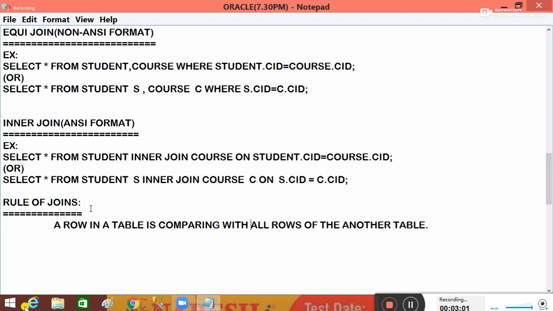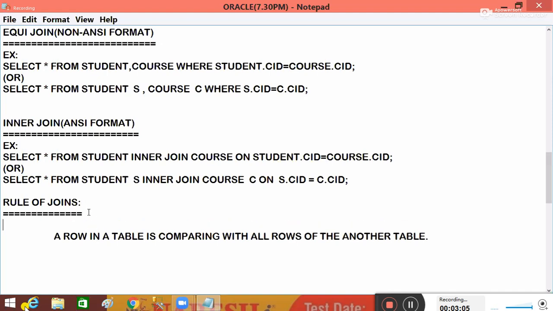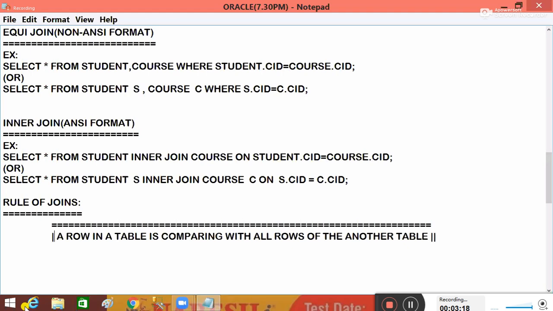This is one small rule, guys. If you understand this rule, then you can easily understand each and every join, and how the join statements are executed internally.